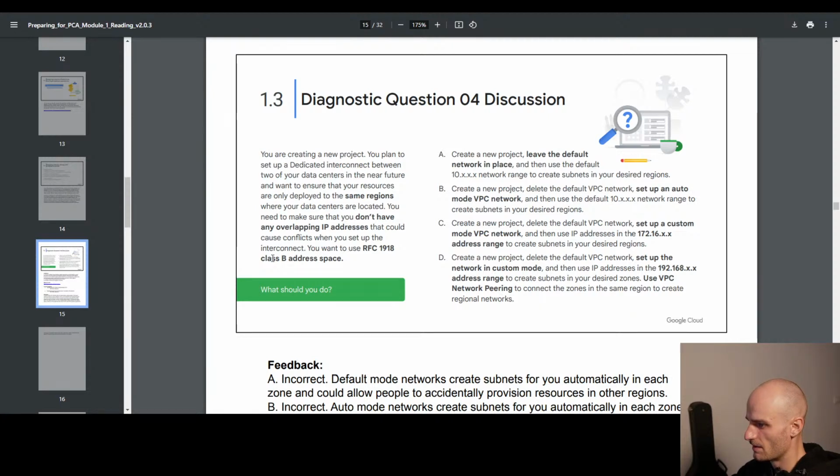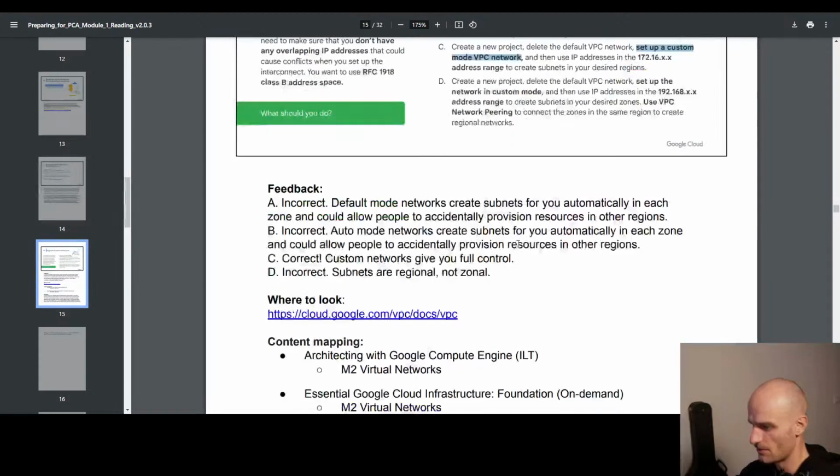So the class B address space, which is this one, I could not exclude the others. And also this was another thing I ignored in the option, which is the main factor that makes it correct.